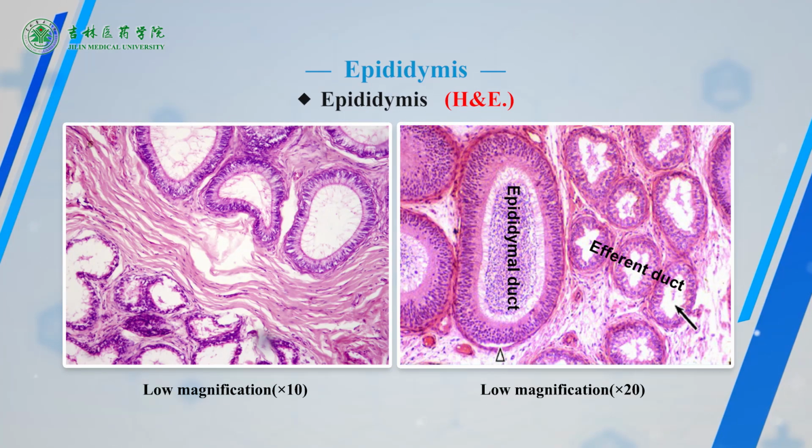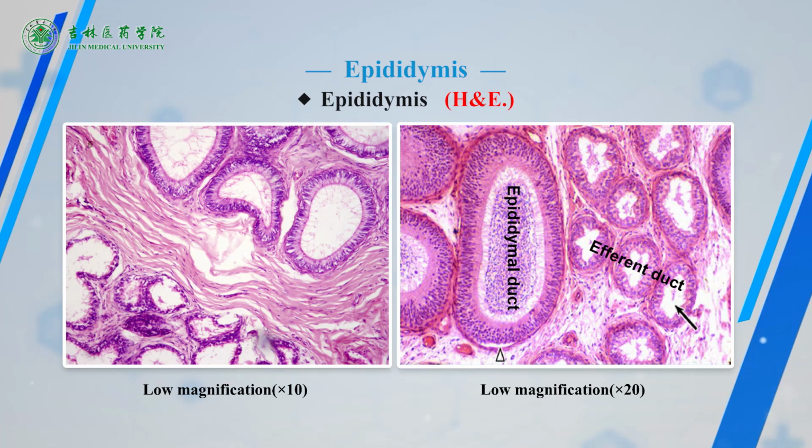Ductuli efferentes: the head of the epididymis is mainly composed of efferent tubules, whose walls are interspersed with tall columnar ciliated cells and cuboidal cells, so the lumen surface can be seen undulating under the microscope, and a small amount of circular smooth muscle can be seen outside the epithelium.